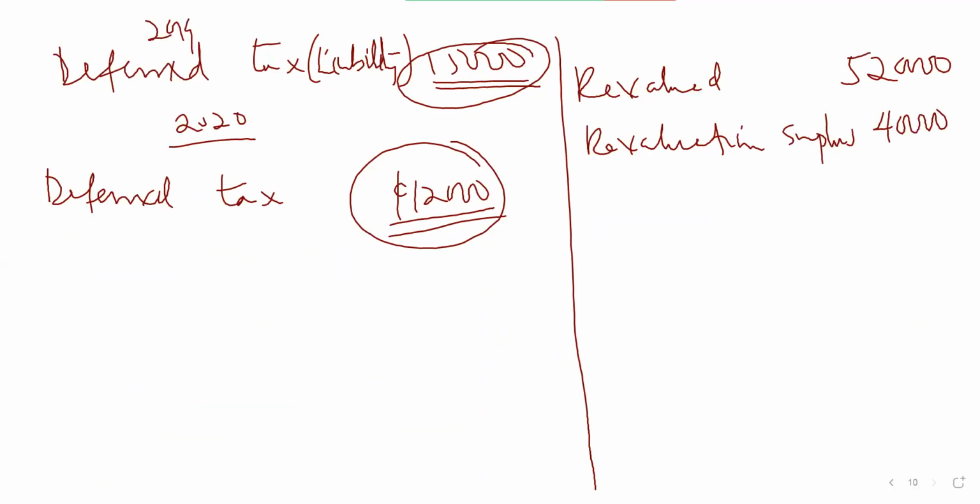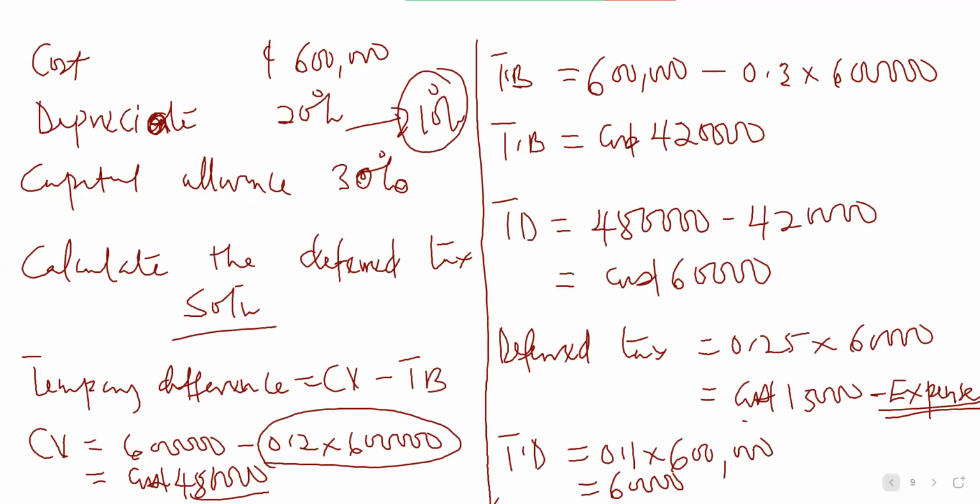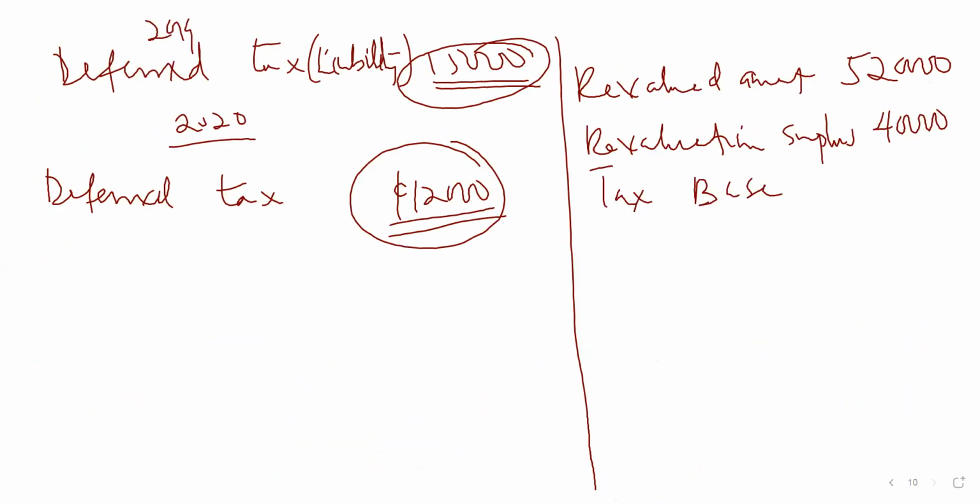But at the end of the year, the company has revalued the asset to 520,000. There will be a revaluation surplus of what? 40,000. Am I correct? Yes, you are right. But what will still be the tax base? The tax base will now be 420,000, isn't it?